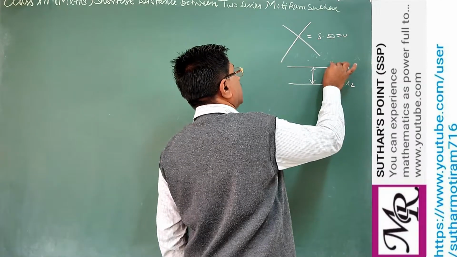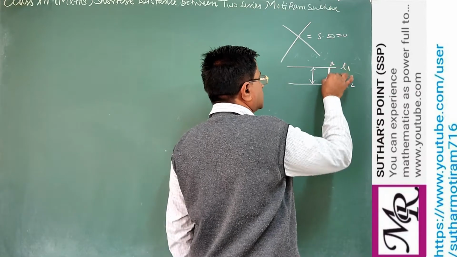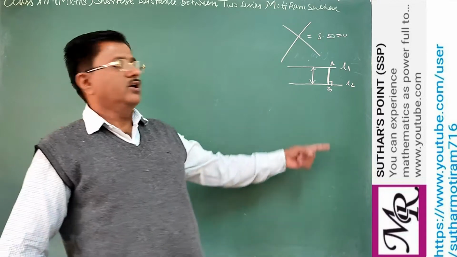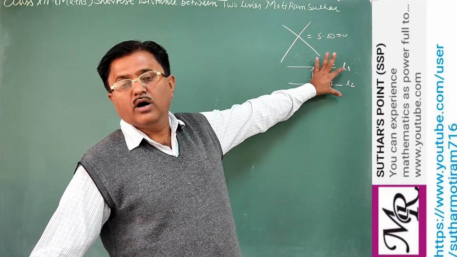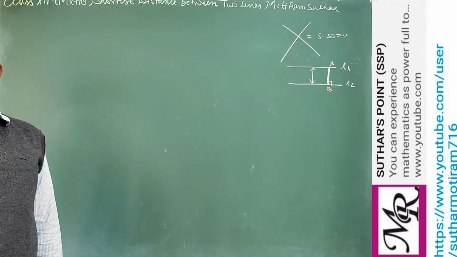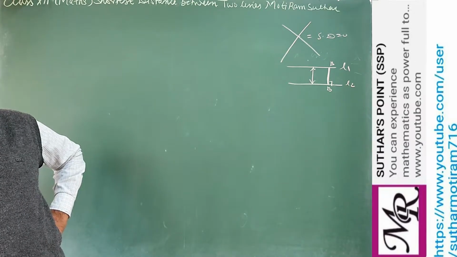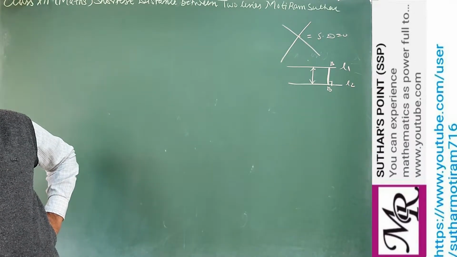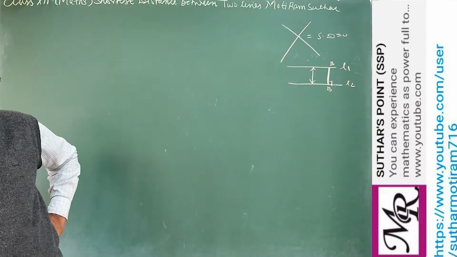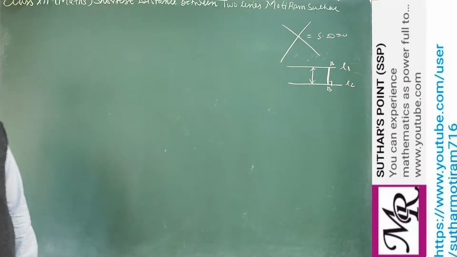Suppose we are drawing a perpendicular from A to the point B. So the distance between these two lines is the length of the perpendicular drawn from one line to the other. Clear? This is the second condition. How to find the distance between two parallel lines? That is the length of the perpendicular drawn from a point on one line onto another.